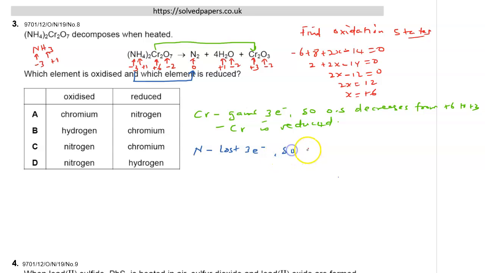So the oxidation state increased from minus 3 to 0. So what do we say? Nitrogen is oxidized. It has lost electrons, so it has undergone oxidation. So oxidized is nitrogen. Okay. Reduced is chromium. So the answer right there is C.